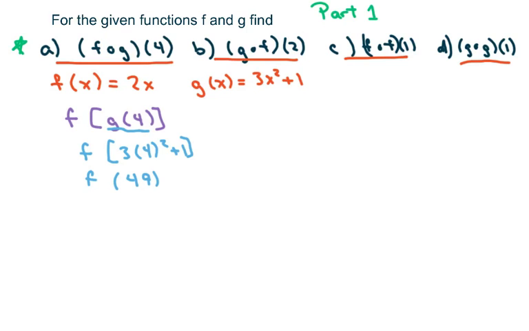Then we plug 49 into f, and we get 2 times 49, which equals 98.